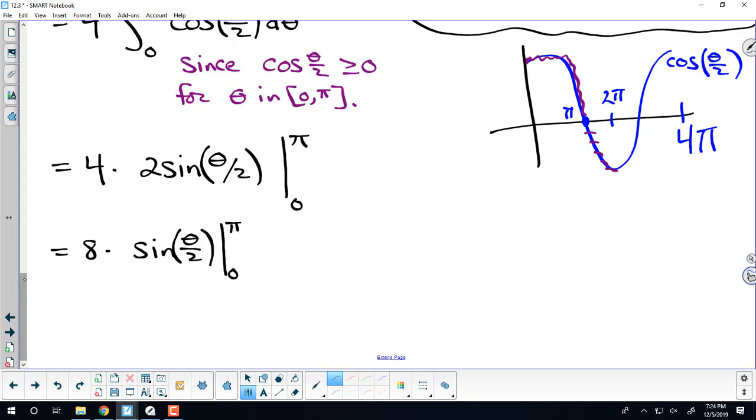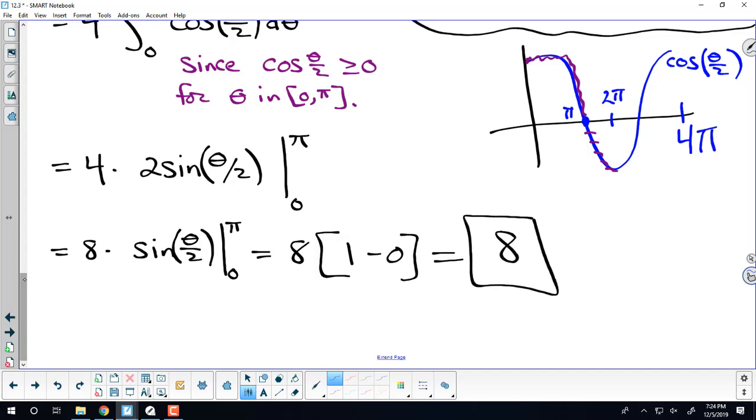So you've got this sine of pi over 2 minus sine of 0. You got a couple of those in your homework. Not one of those on the final.